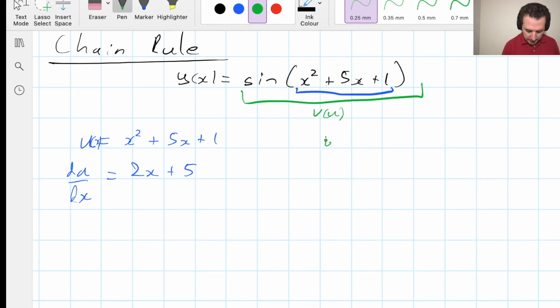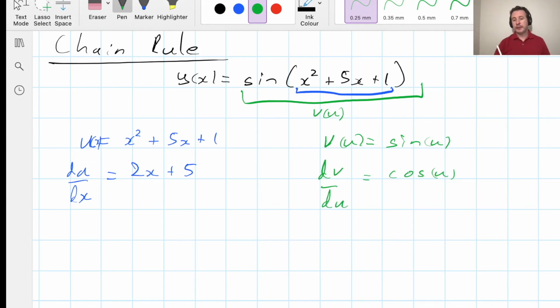So v of u is sine of u. So everything that we've now called u gets replaced. So now when we differentiate, we have dv/du, which is equal to cos of u. So where we had an x, we now have just replaced it.